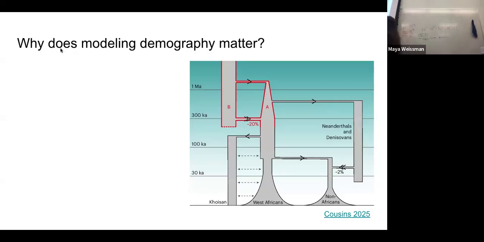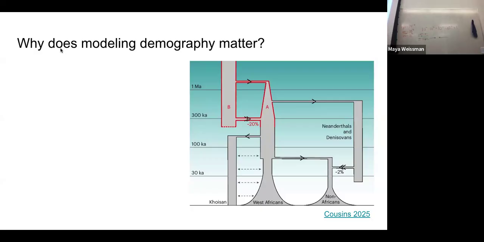This is a graph from a recent paper, Cousins 2025, that shows the demographic history of humans. A is modern humans. B is, I believe, an extinct early hominid ghost lineage that, when we include them, everything makes sense, but we don't actually have any genomes that represent them.